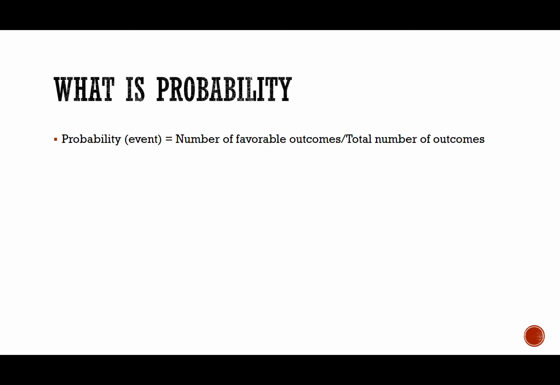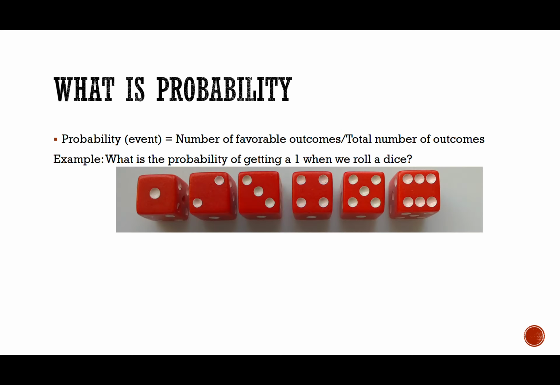Now, what is probability? In mathematical terms, the probability of an event is the number of favorable outcomes over the total number of outcomes. For example, what is the probability of getting a 1 when we roll a dice? So this is the sample space of a dice.